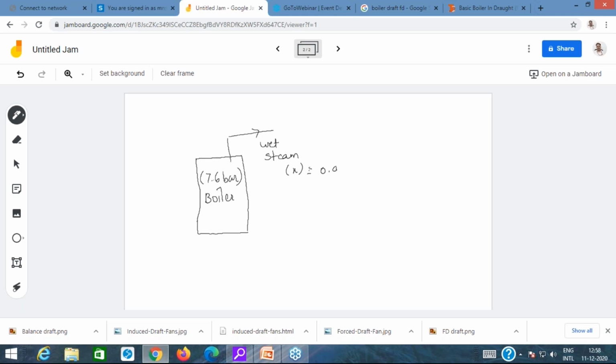So you need to find first the enthalpy of wet steam. The enthalpy of wet steam would be hf plus x times hfg at 7.6 bar. Tell me the value of hf and hfg at 7.6 bar.